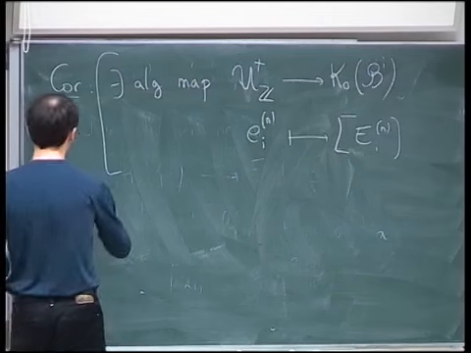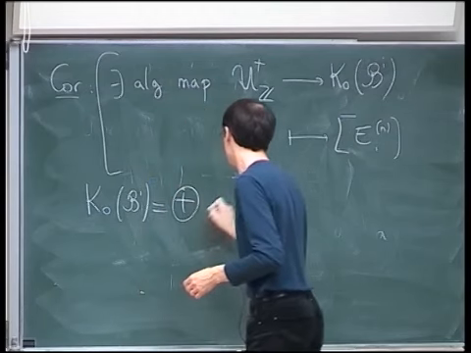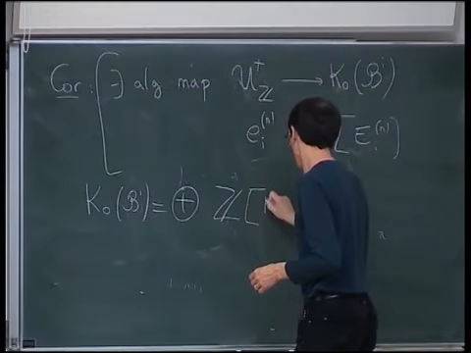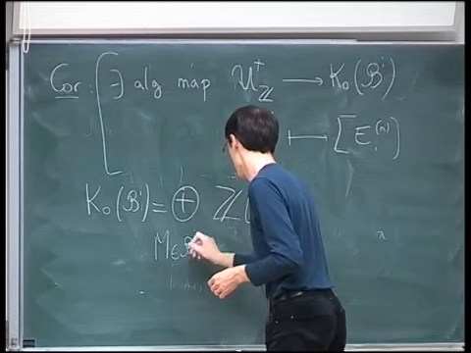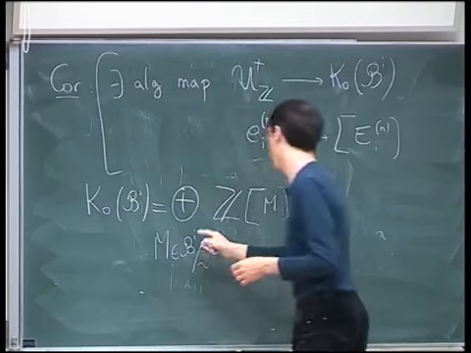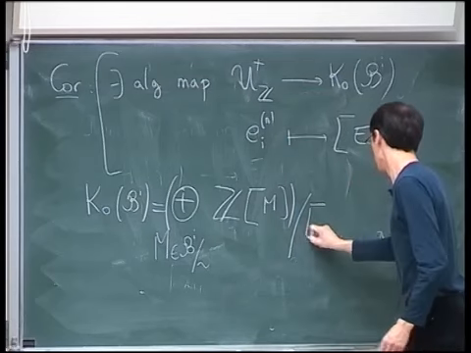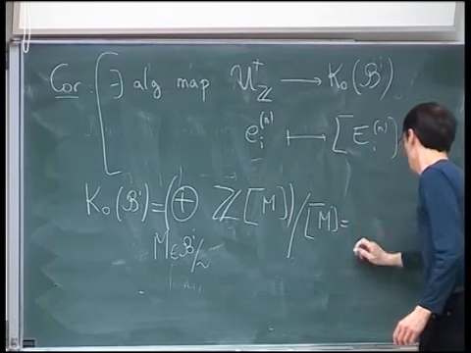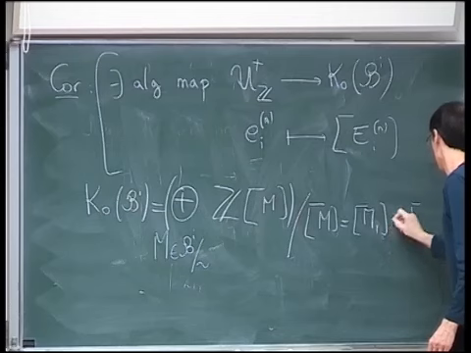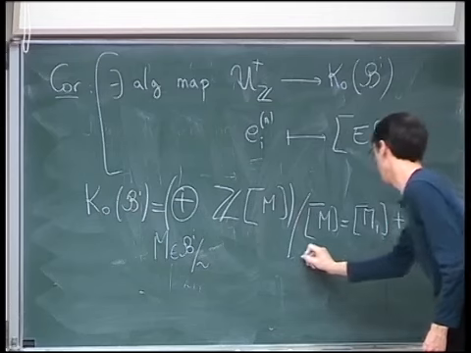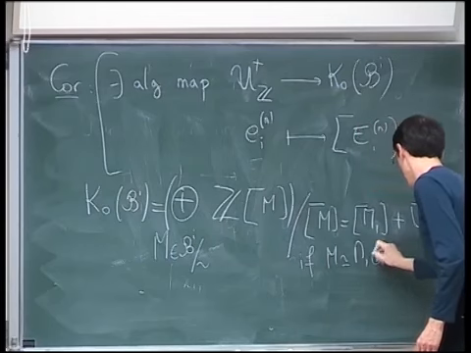So here K_0 is a free abelian group over isomorphism classes of objects of that category, modulo the relation that the class of M is the class of M1 plus the class of M2 if M is isomorphic to M1 plus M2.